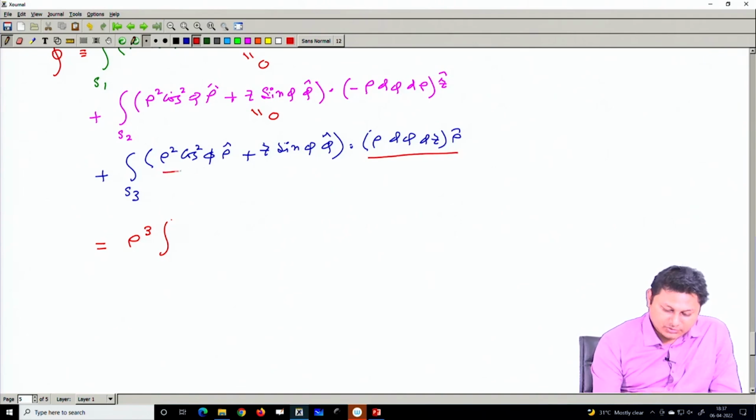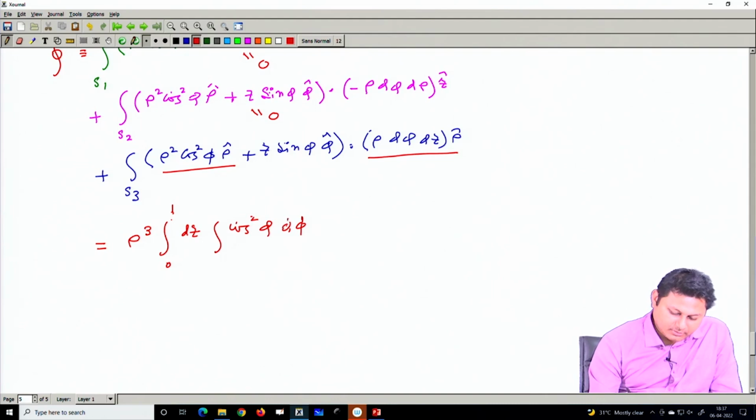Rho is constant here, so I can put it outside. Then we have dz, with limit 0 to 1, and then the integration of cos square phi d phi, which has a limit 0 to 2 pi.